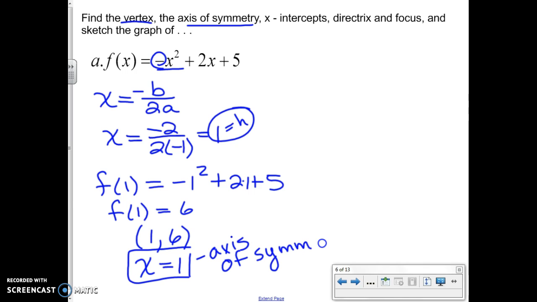And then if we wanted to find our x-intercepts, we also worked on this last week, those are going to be our solutions, our roots. And so our x-intercepts, that is where we let y equal 0. Now I know because the degree is 2, I could have a maximum of 2 roots.